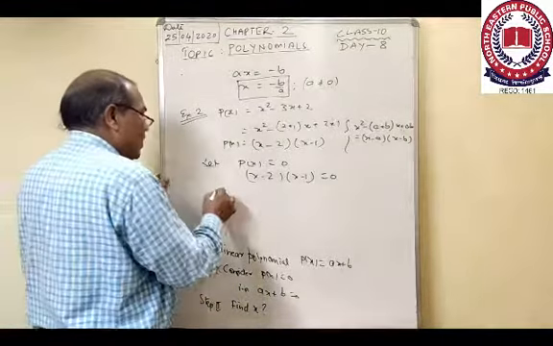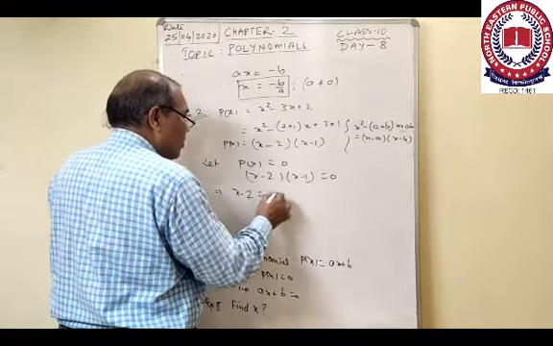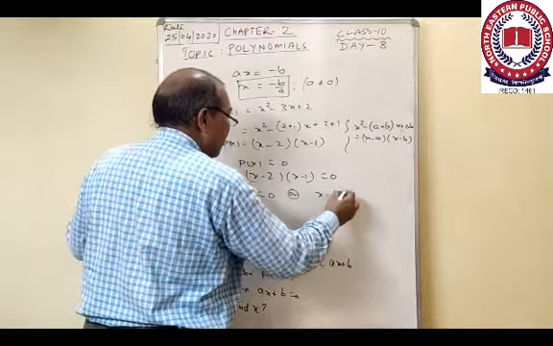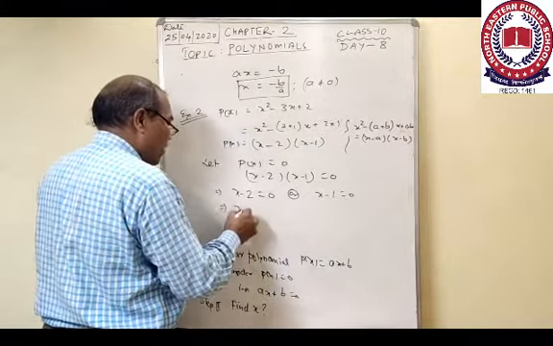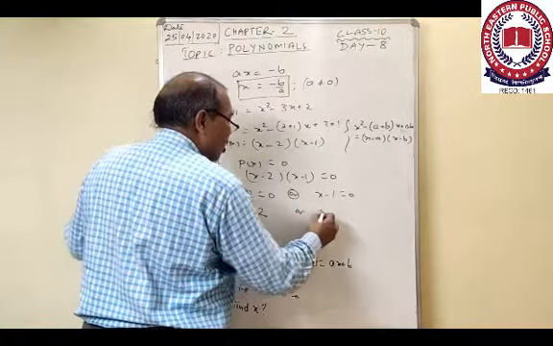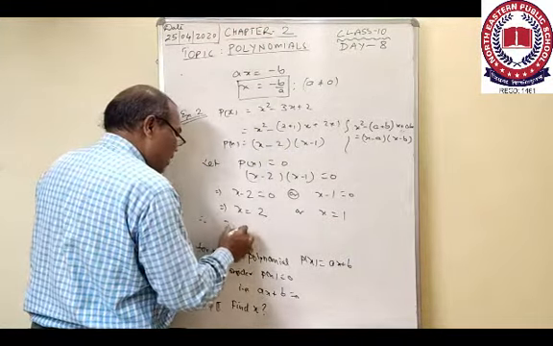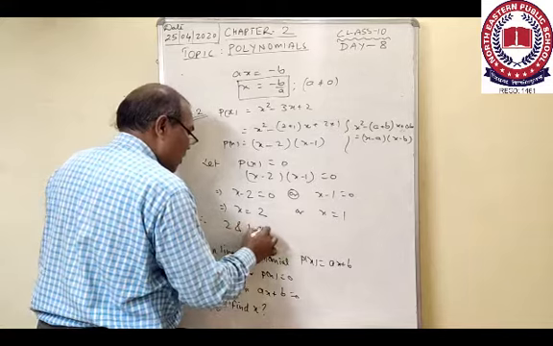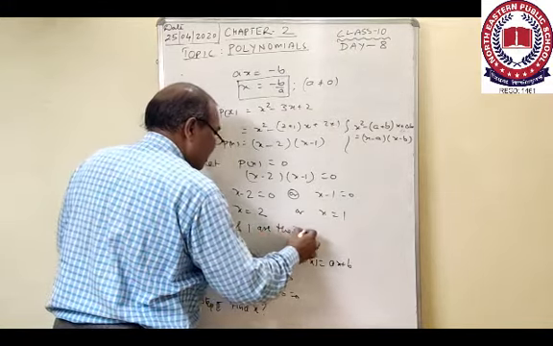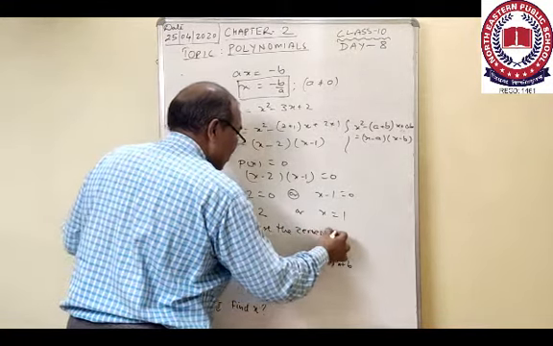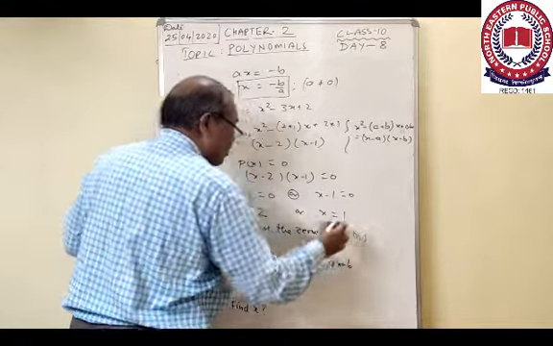So either x minus 2 equal to 0 or x minus 1 equal to 0. So x equal to 2 or x equal to 1, and therefore 2 and 1 are the zeros of this polynomial.